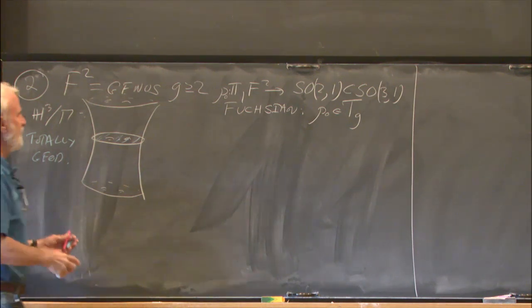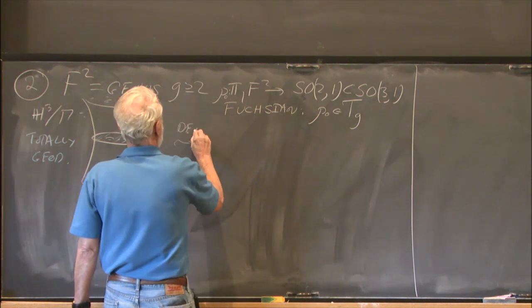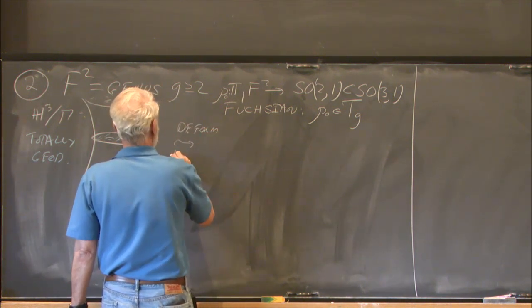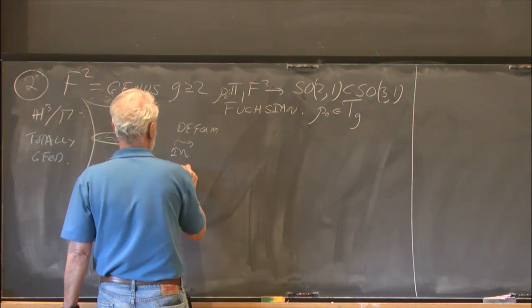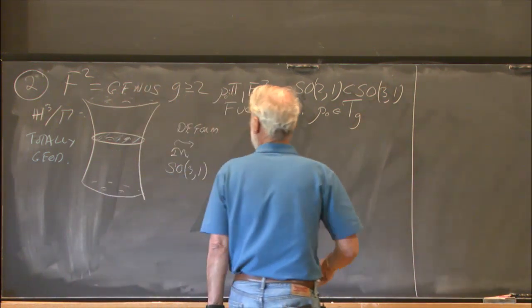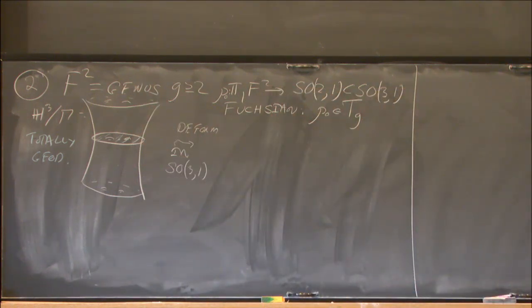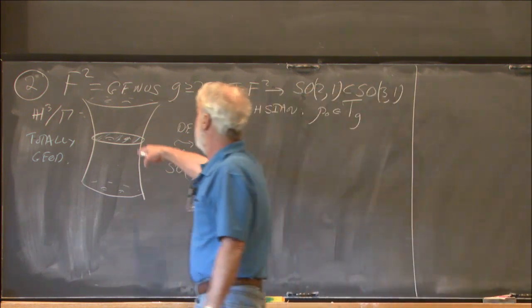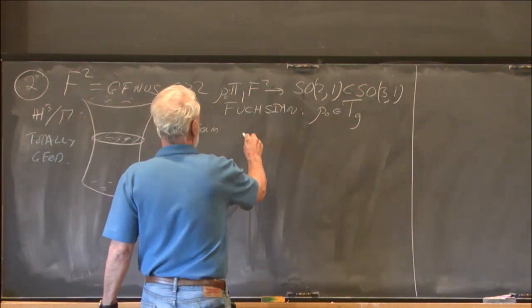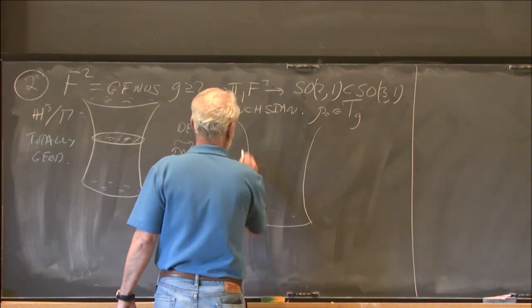But then I can deform this within three-dimensional hyperbolic geometry. And again, I get something that topologically, at infinite volume, still is a surface cross R, but it no longer has this totally geodesic surface sitting inside of it.